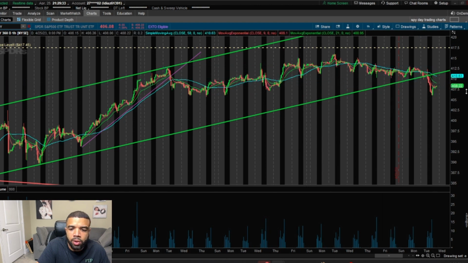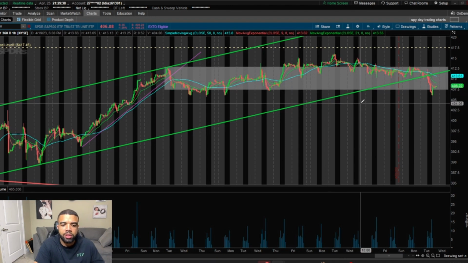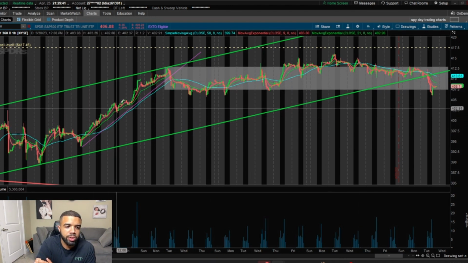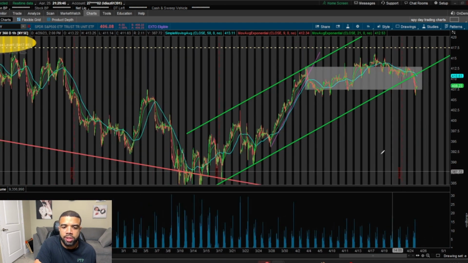So we're going to draw that out all the way to the present price action. So if you draw this box out, you can clearly see that there wasn't a move like we saw here, right? This move was a bit different because now you can see that we were actually going sideways. So today we broke down out of this uptrending channel, right, to the bottom of this box.